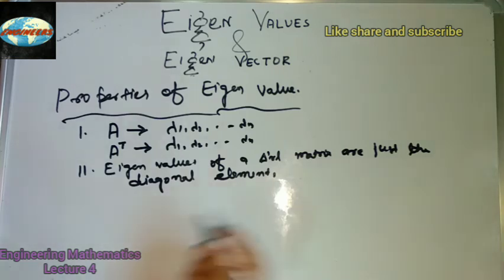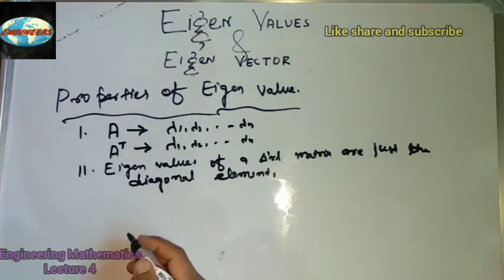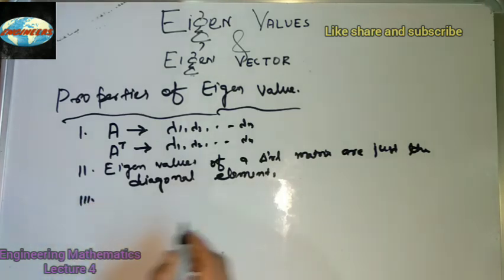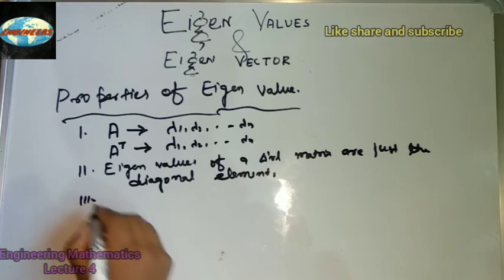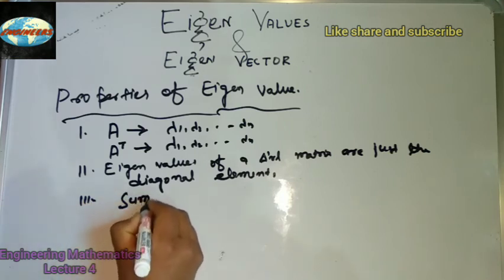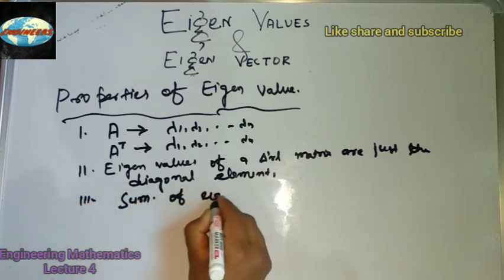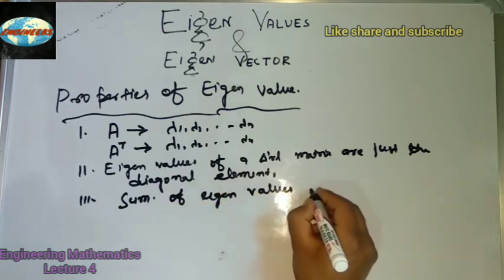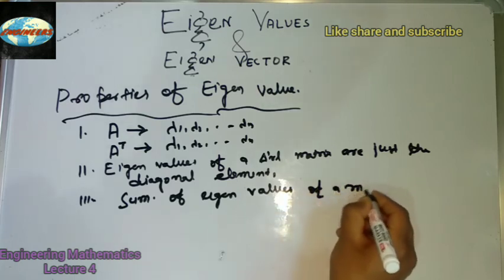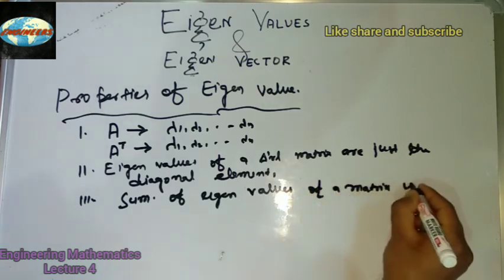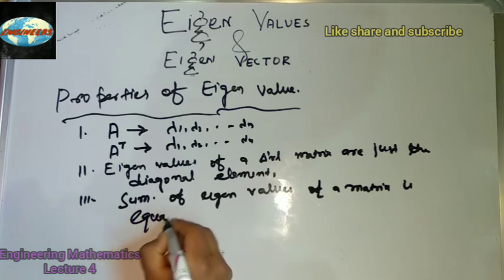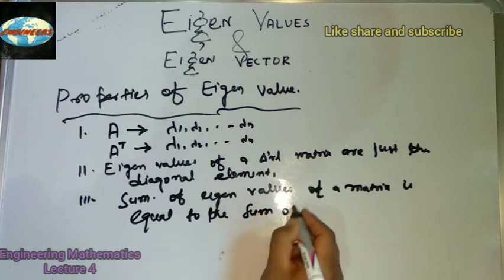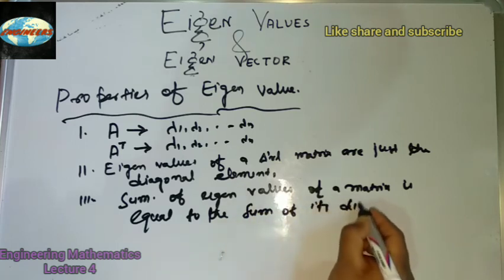Moving to property number three, one of the most important properties: the sum of eigenvalues of a matrix is equal to the sum of its diagonal elements.